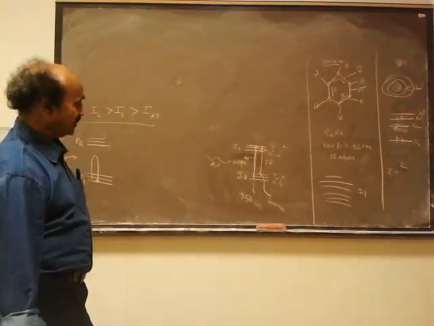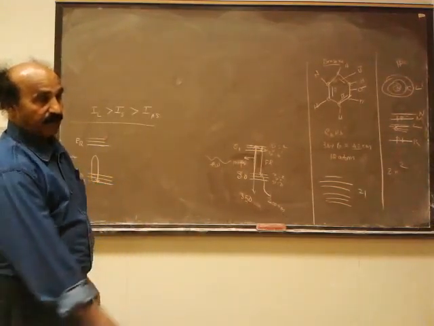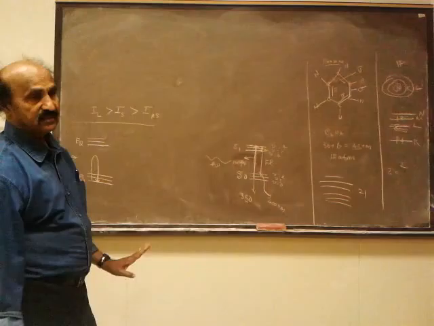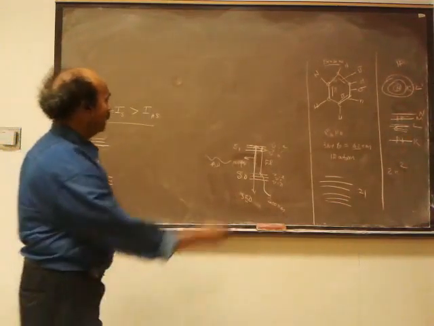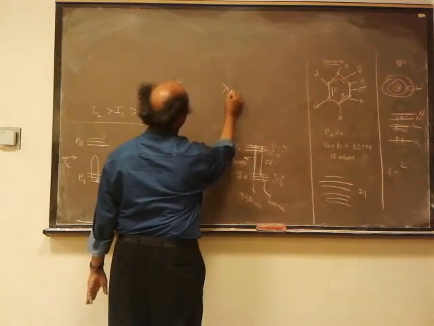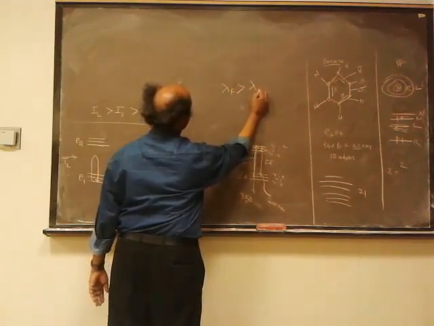So incident light is ultraviolet, emitted light is visible, longer wavelength. This is defined as fluorescence, or lambda of fluorescence is always greater than the lambda of absorption.